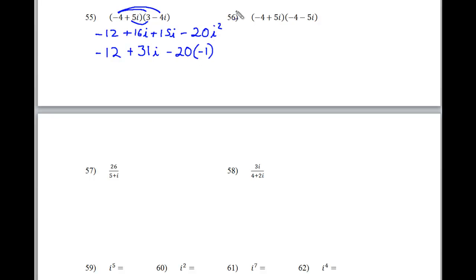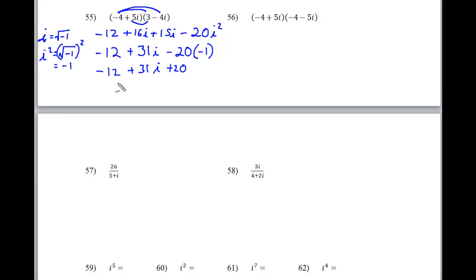And the reason for that: if i is equal to the square root of negative 1, then i squared is technically the square root of negative 1 squared, which is the same thing as negative 1. So that makes negative 12 plus 31i plus 20, because negative 1 times negative 20 is positive 20.